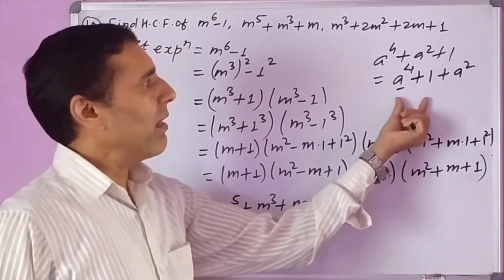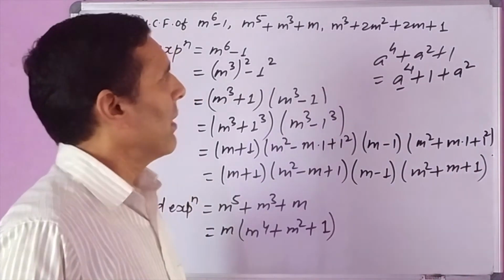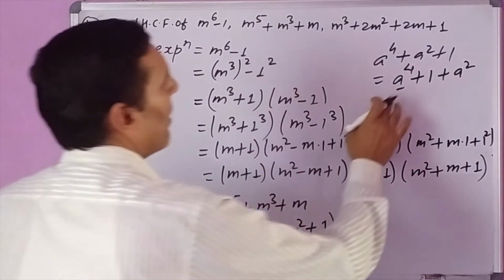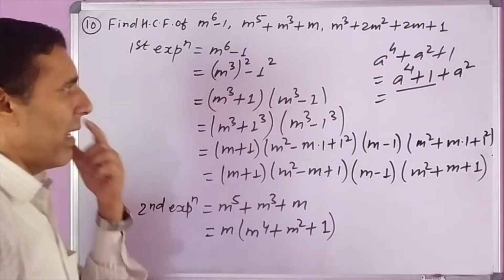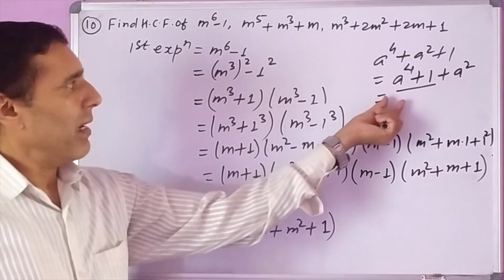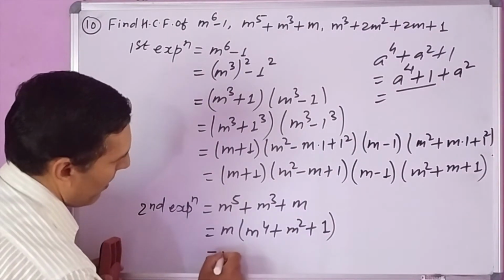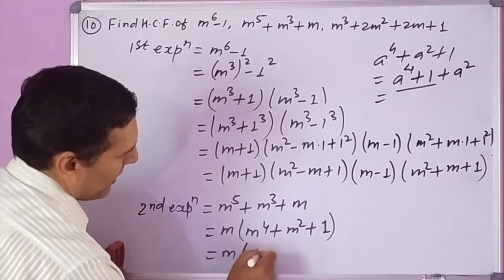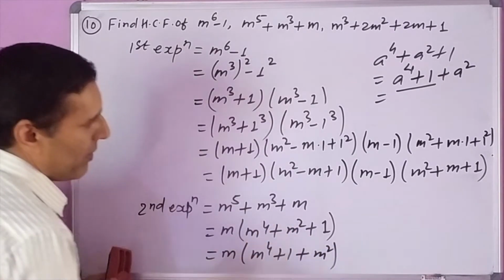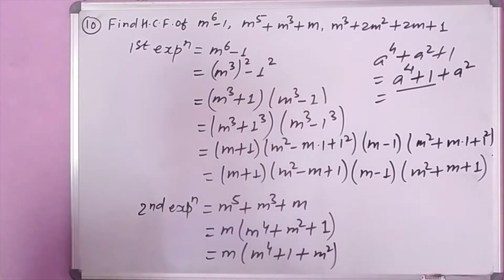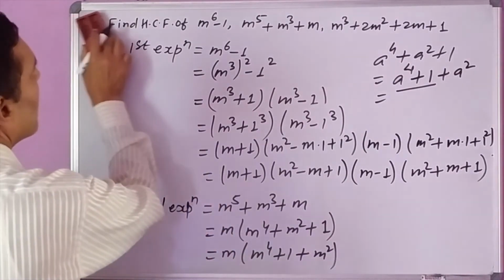Two terms are kept together, and the term containing the square of the variable, we keep at last, making a square plus b square in the first two terms, and using the formula we factorize this expression. So I am doing the same here. First m power 4 plus 1 together and m square at last. This is the second expression.